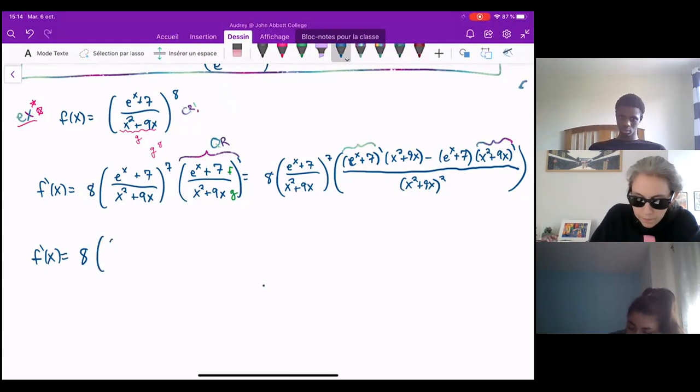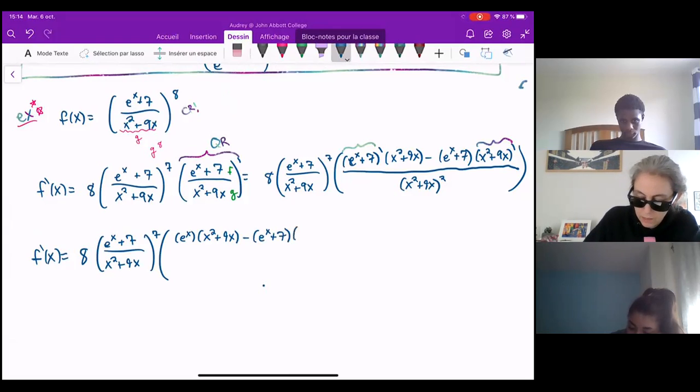So 8 e to the x plus 7 over x squared plus 9x, all to the power of 7, e to the x times x squared plus 9x, minus e to the x plus 7 times 2x plus 9, all divided by x squared plus 9x squared.